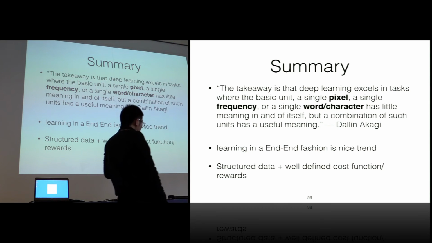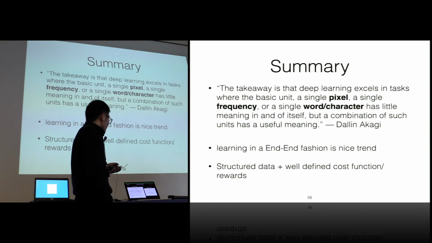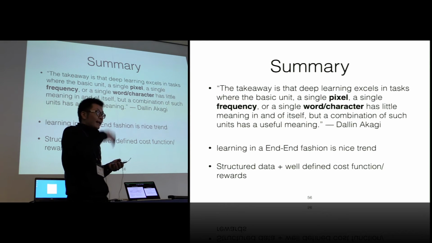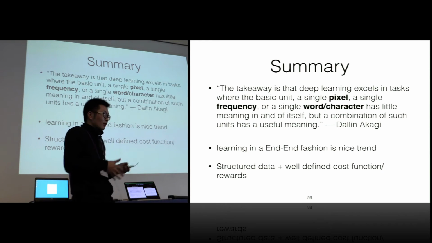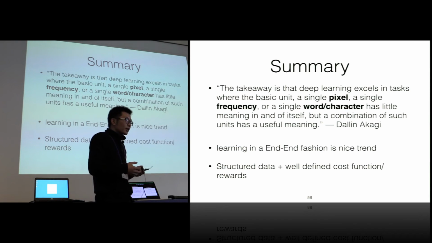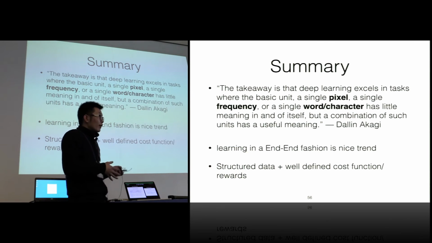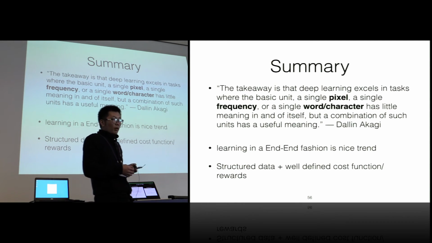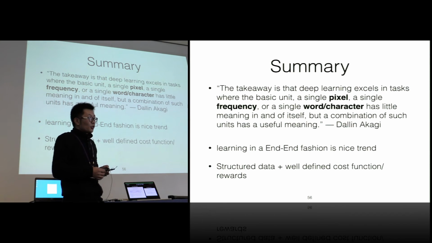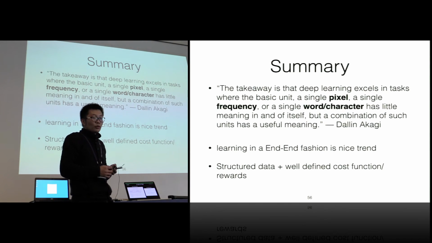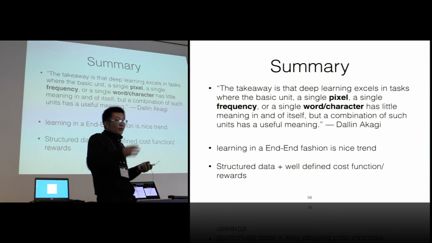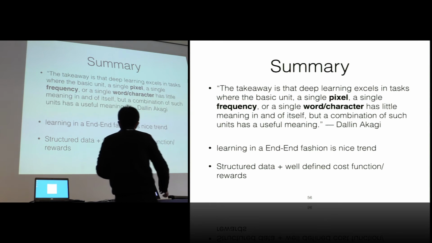Also, the current systems are restricted by the data you prepared. You need structured data and a well-defined cost function to train it. That's why deep learning is so popular in image and speech fields, but it didn't progress much in more complicated data like biological data and genomic data. They are unstructured, and you don't know what the DNA sequences mean intuitively.